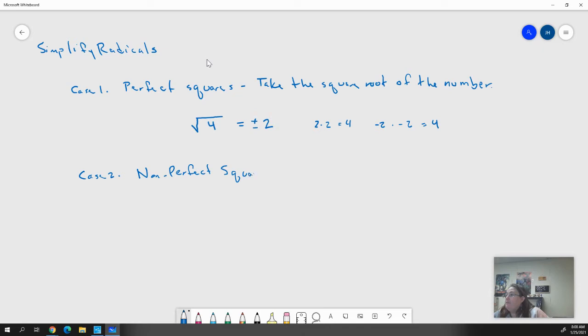When we're solving these, what we want to do is break the radical down using the largest perfect square that's in there. Will they always be breakdownable? No. The largest perfect square.